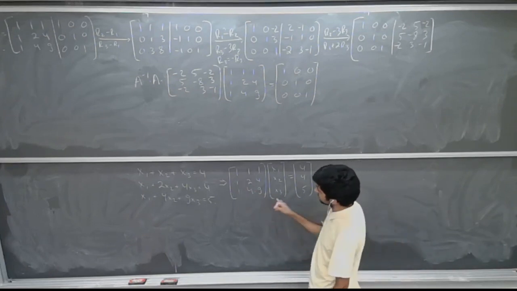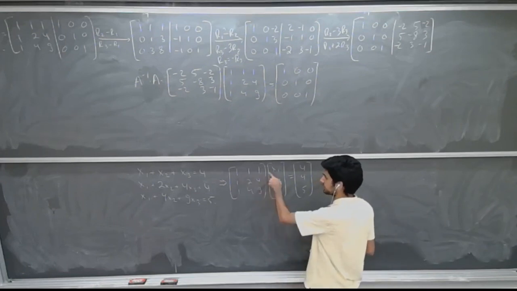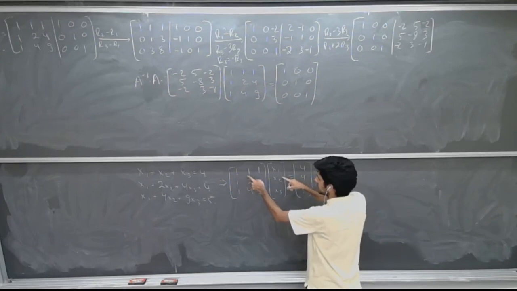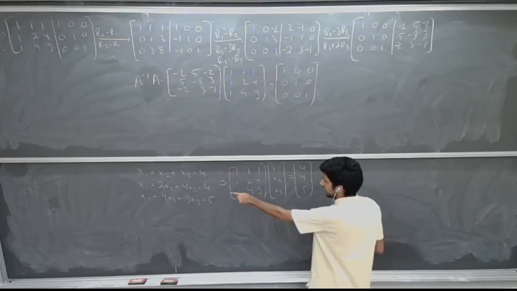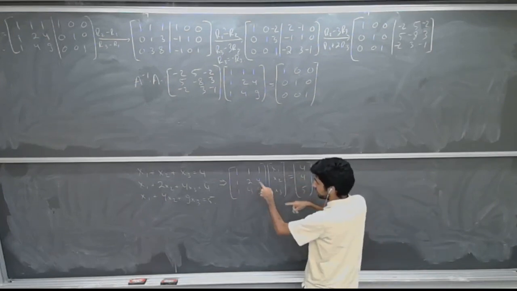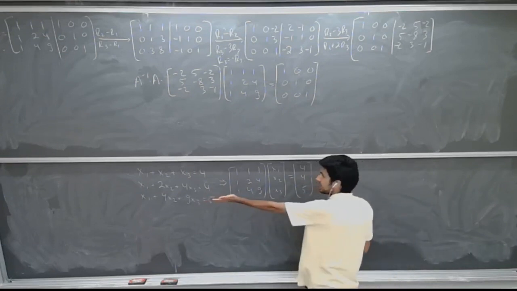And indeed, if you were to perform this multiplication, the first thing you would do is multiply the first row by this column vector. We would get x1 plus x2 plus x3. And I'm saying this should equal 4. And then the second term, you do this row by the column. So x1 plus 2x2 plus 4x3 equals 4. So we can see that this is exactly that.